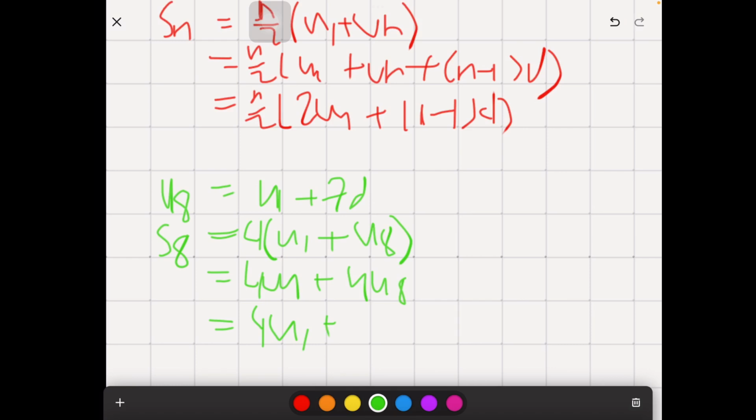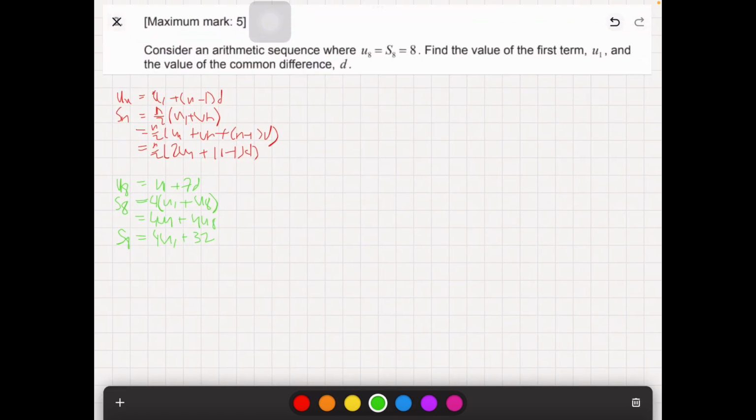Okay, U8 here is 8. So 4 times 8 is 32. And therefore, we have our two equations right here.